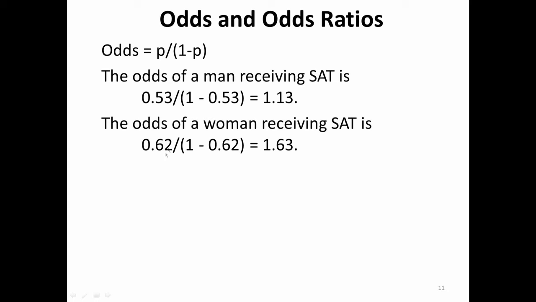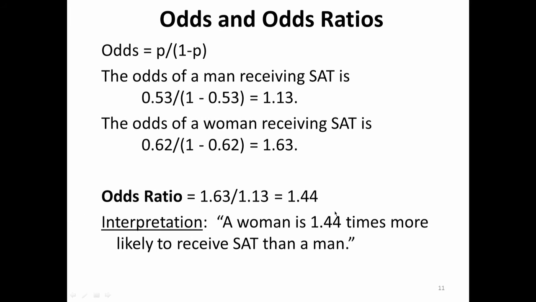Similarly for women, 62%, that is 0.62 divided by 1 minus 0.62, so 0.62 divided by 0.38 is 1.63. We divide this by this, so the odds ratio comes out to be 1.44. So a woman is 1.44 times more likely to receive SAT than a man.